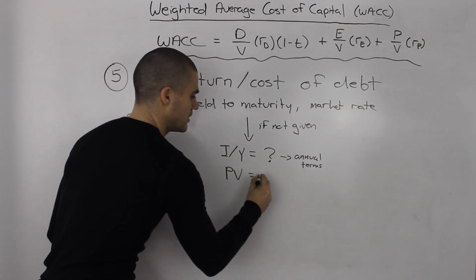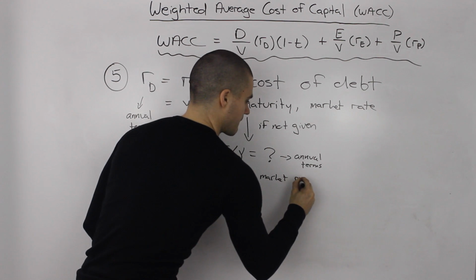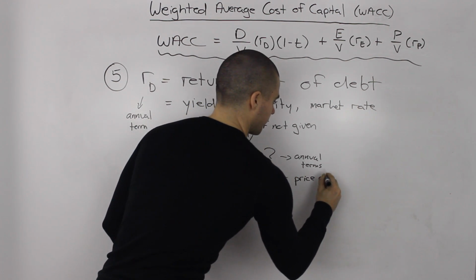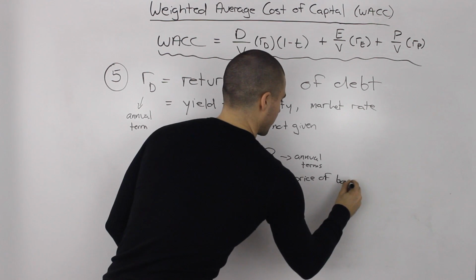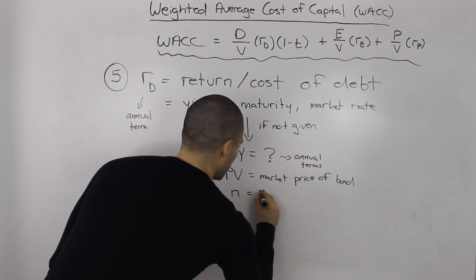The PV will be the market price of the bond. All right, your N will be the number of coupon payments remaining.